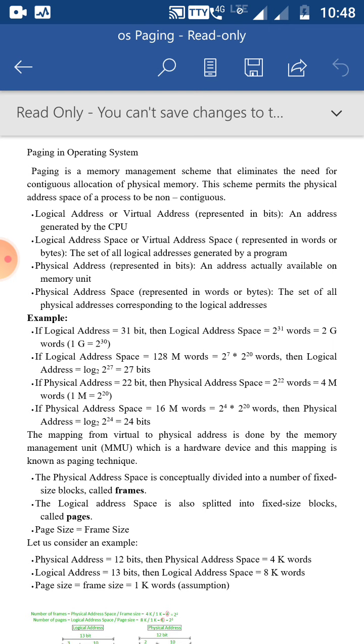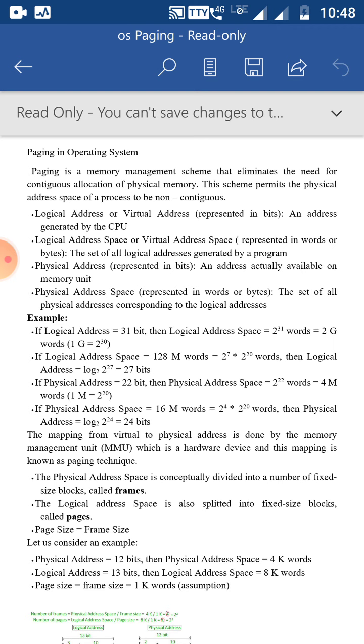So the starting address of frame 10 must be calculated. There is one calculation, 10 minus 1, because the address starts from 0. Okay, so the 10th frame starts from 90 to 99 in random access memory, isn't it? So for logical address 12, it refers to page number 1.